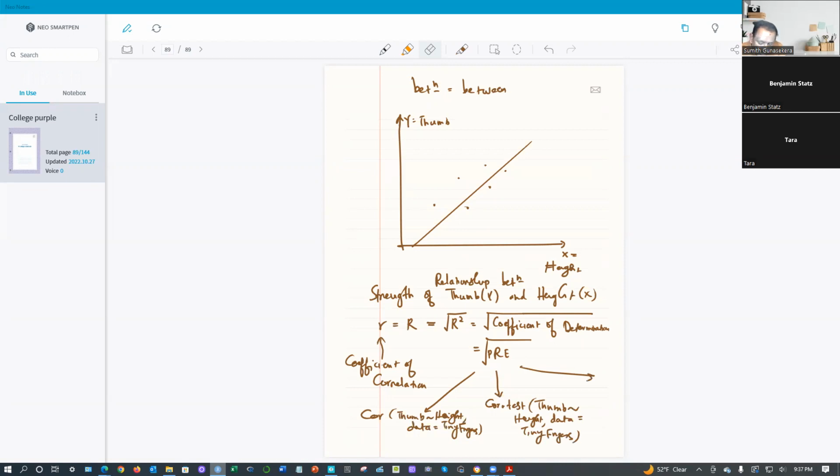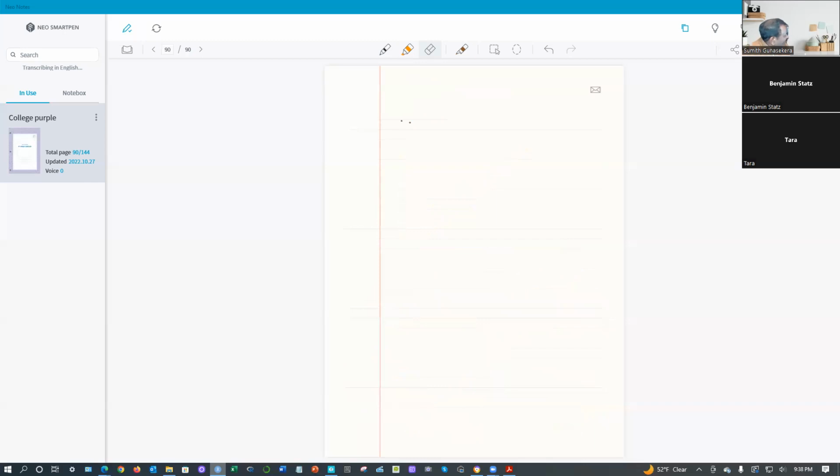Okay. So for that one, what are you gonna do? You're gonna get the thumb. Thumb you're gonna convert into Z. How do you convert into Z? Convert into Z means you standardize. Then you can say Z thumb. How do you get the Z thumb?